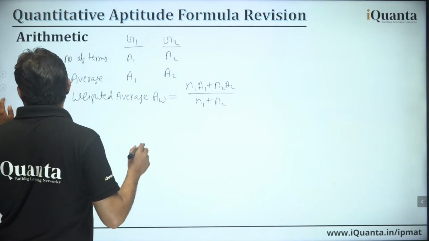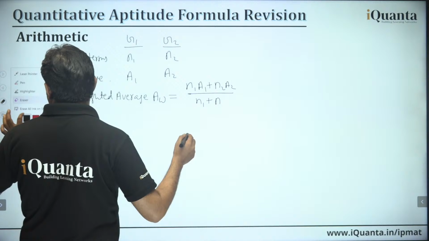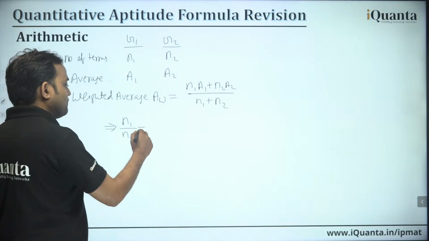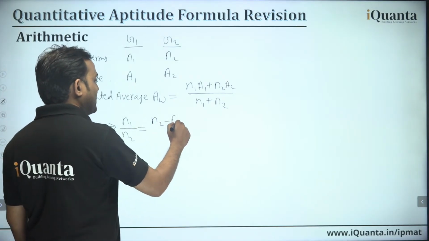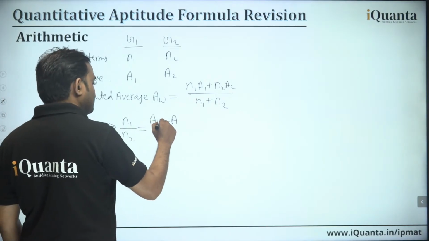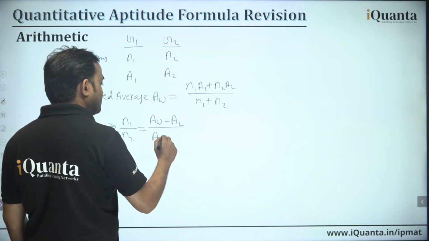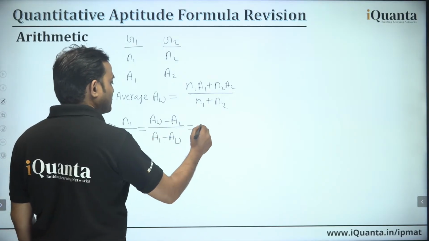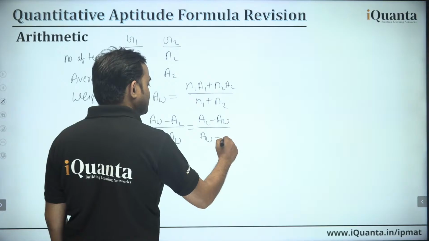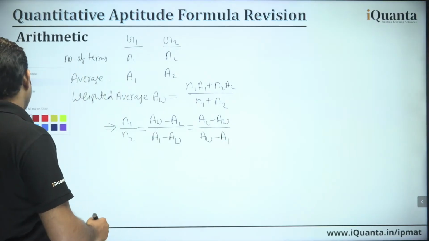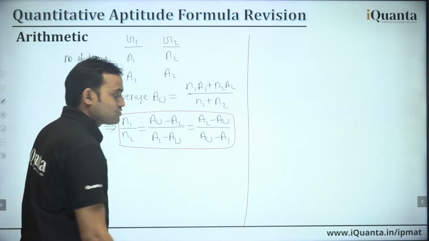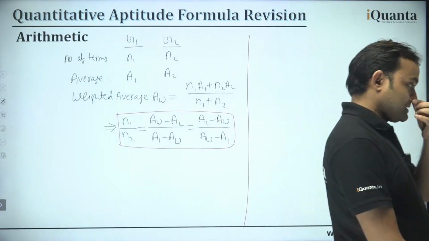Now we can simplify this, and we can also say that N1 by N2 will be equal to AW minus A2 divided by A1 minus AW, or you can also write it as A2 minus AW divided by AW minus A1. This is what you can use to solve problems based on allegation.